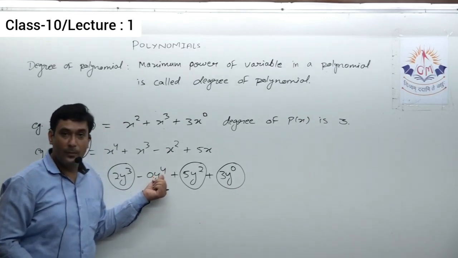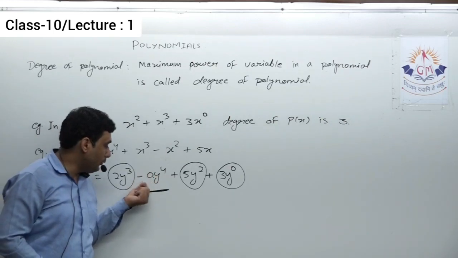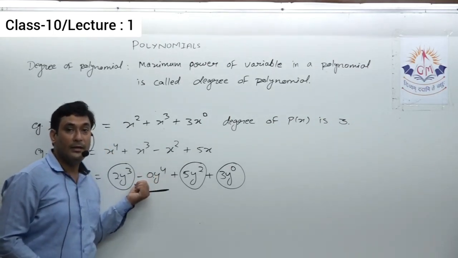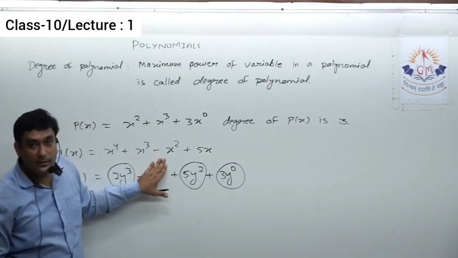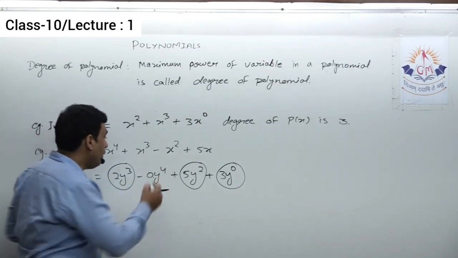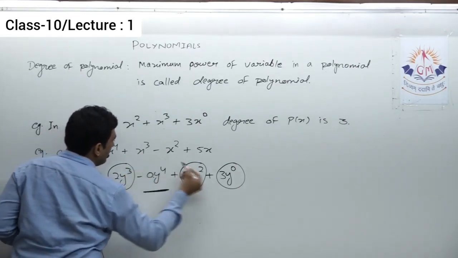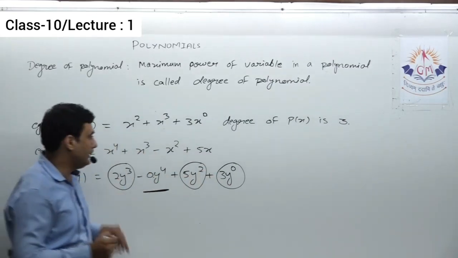Definitely you have to check the power of the variable, but you have to also check whether its coefficient is a non-zero number or not. If it is 0, then you can cancel that term, or you can ignore that term. So here if I ignore this, then the maximum power among 3, 2 and 0 is 3. So here degree of the polynomial is 3.